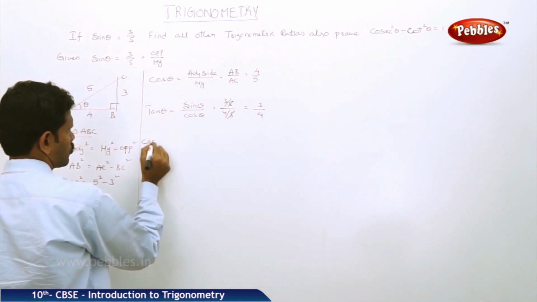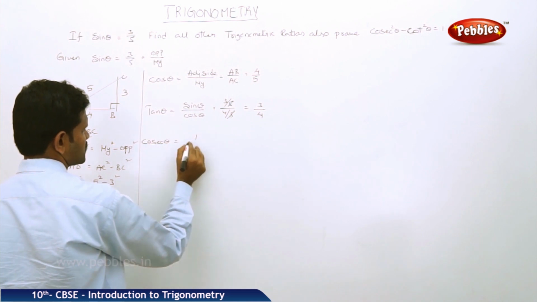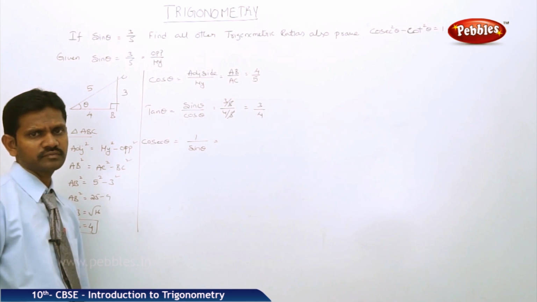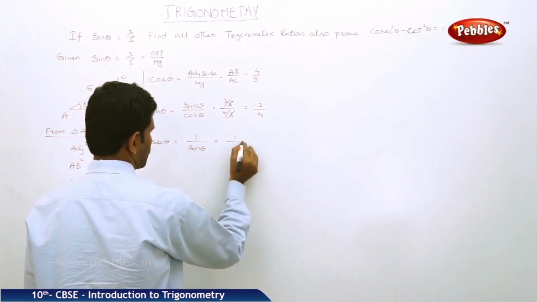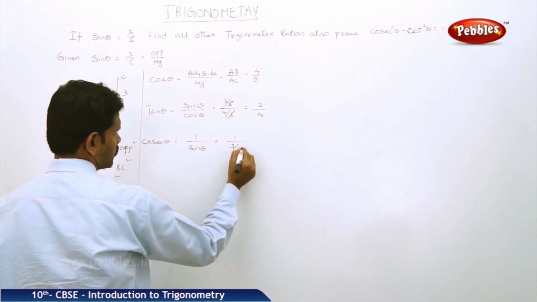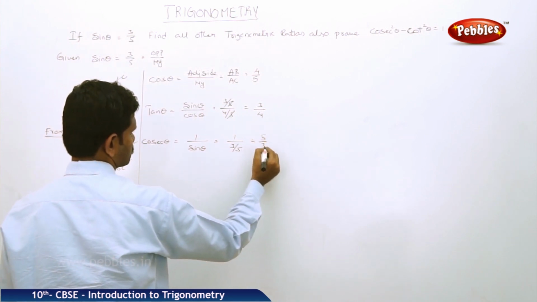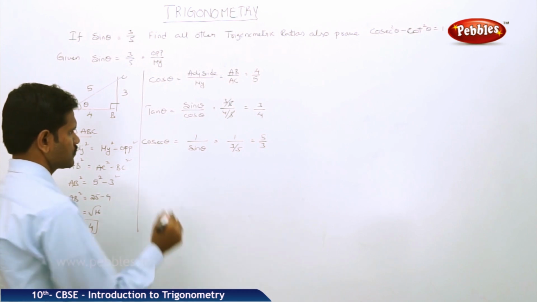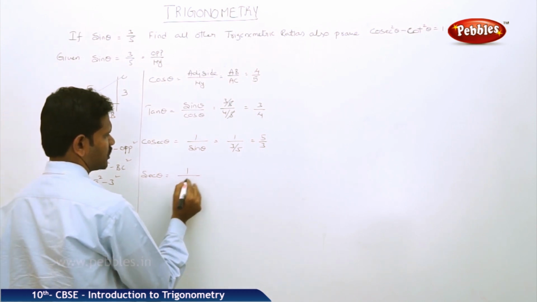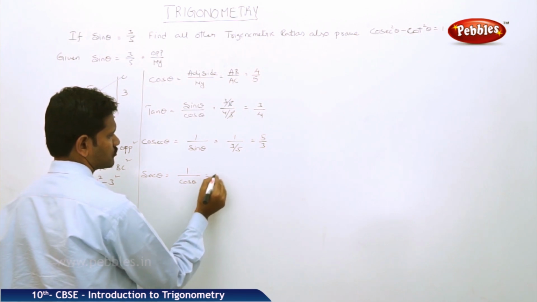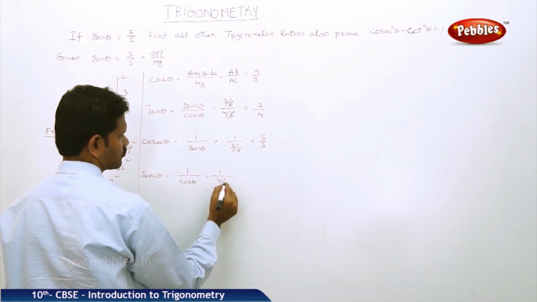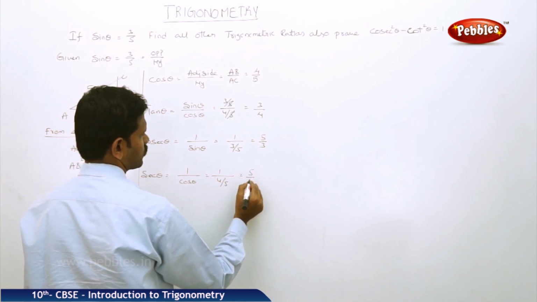Now, cosecant theta is the reciprocal of sin theta. We know the formula: 1 by sin theta, which is 1 by 3 by 5, the reciprocal, 5 by 3. Next, secant theta is equal to 1 by cos theta, that is 1 by 4 by 5, which is 5 by 4.